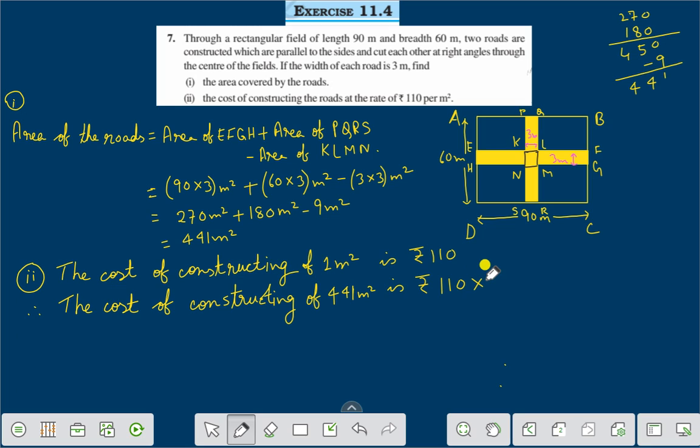multiplied by 441 meter square, right? Now if you multiply 441 by 110, you get 0 0 0, and this is 1 4 4, and this is also 1 4 4.